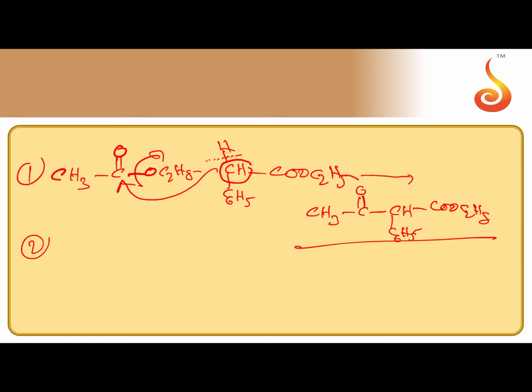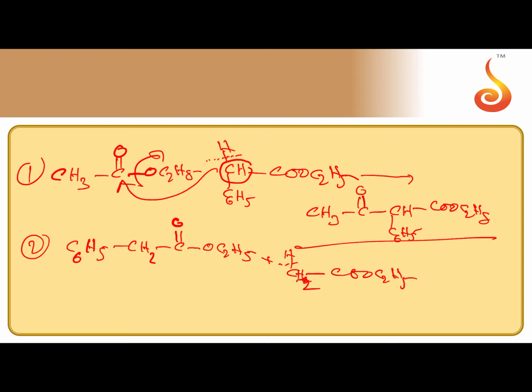In the next one, you change the substrate and attacking nucleophile. C6H5CH2COOC2H5, you take it as substrate, and then ethyl acetate is taken as reagent, CH3COOC2H5.